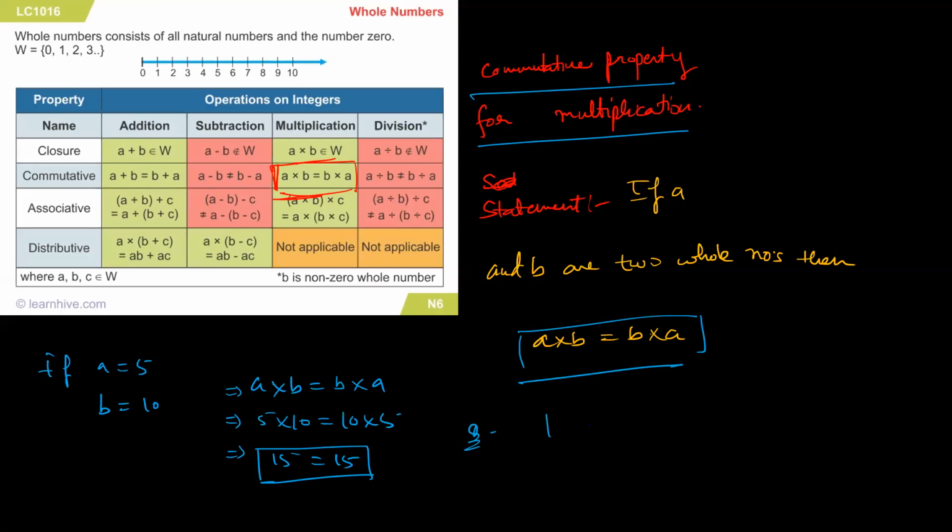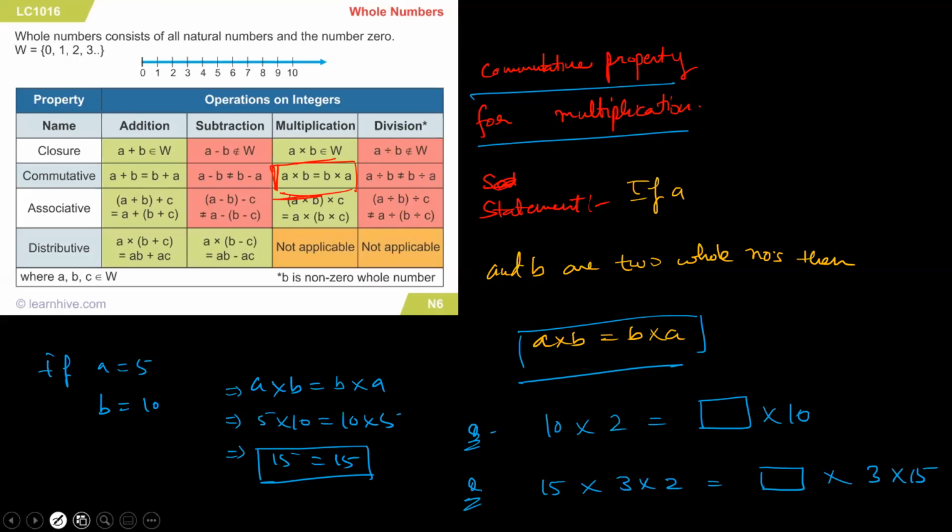Okay, now question is 10 multiplied by 2 is equal to what multiplied by 10? This is the question. And also 15 multiplied by 3 multiplied by 2 is equal to what multiplied by 3 multiplied by 15? What is the answer?